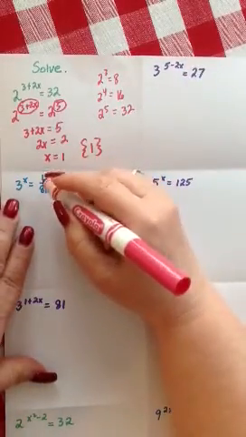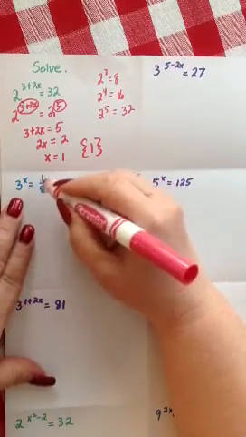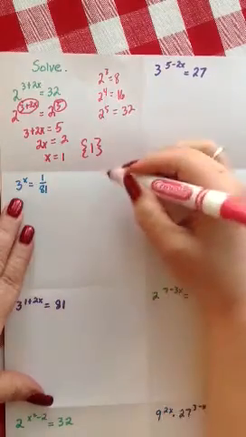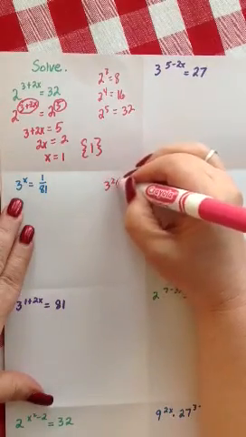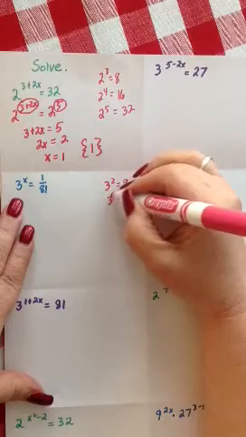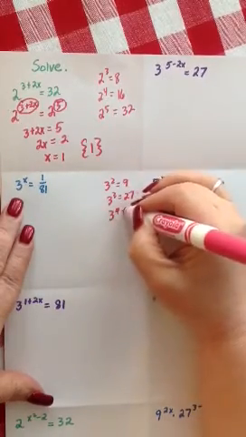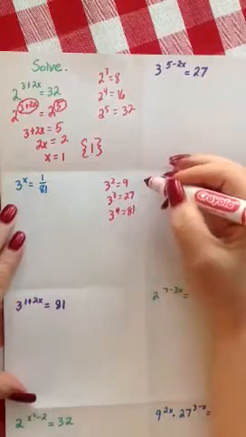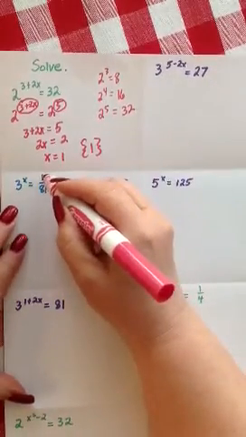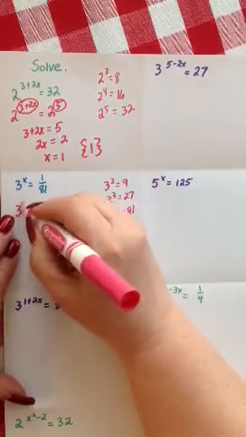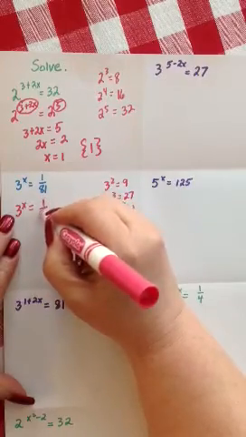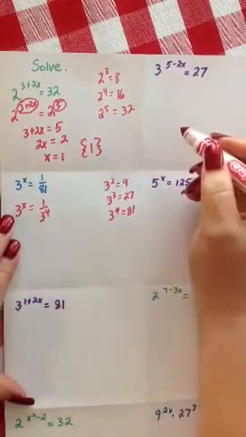Let's just move on down here. It says 3 to the x is equal to 1 over 81. Well, 3 squared is 9. 3 to the third is 27. 3 to the fourth is 81. So I could say 3 to the x is equal to 1 over 3 to the fourth.